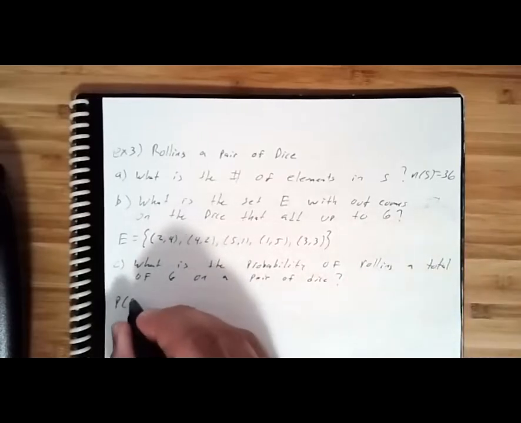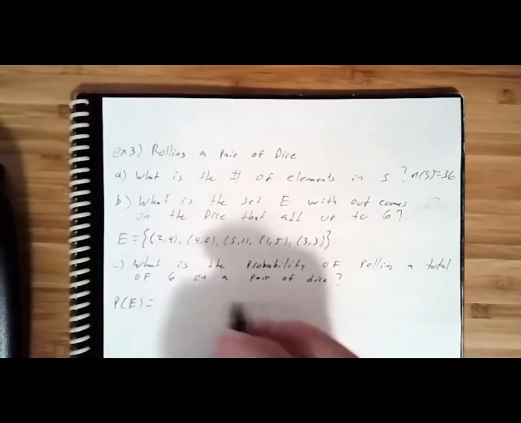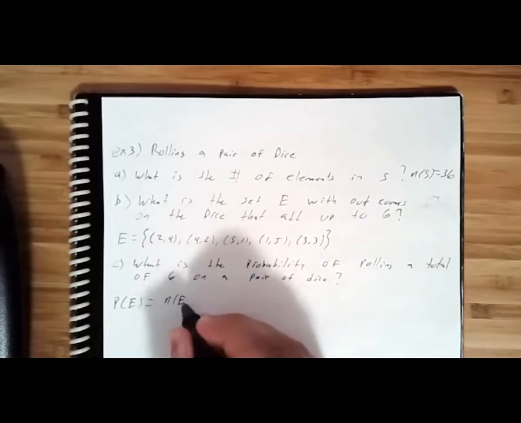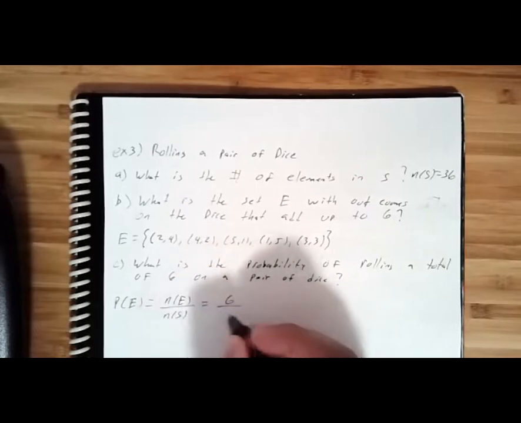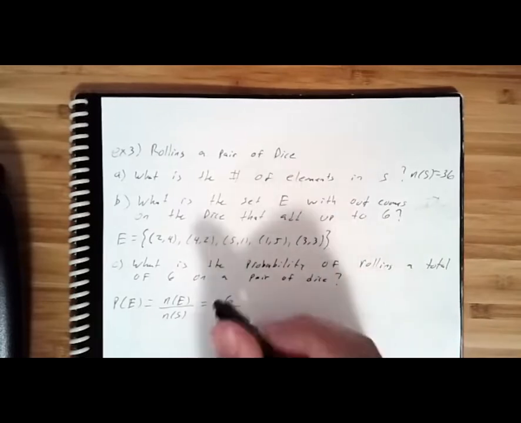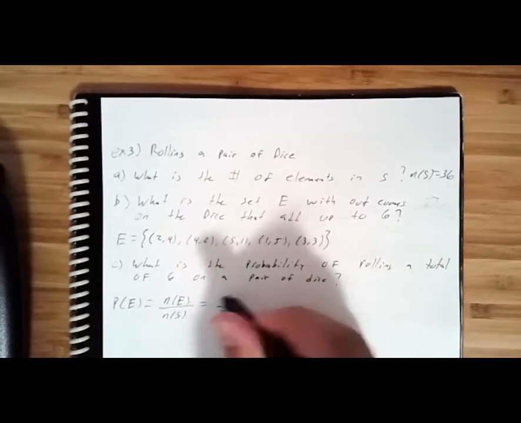The probability of E is the number of elements in E divided by the number of elements in the total, which will be 6 out of 36. Oh, I'm sorry, 5 out of 36.